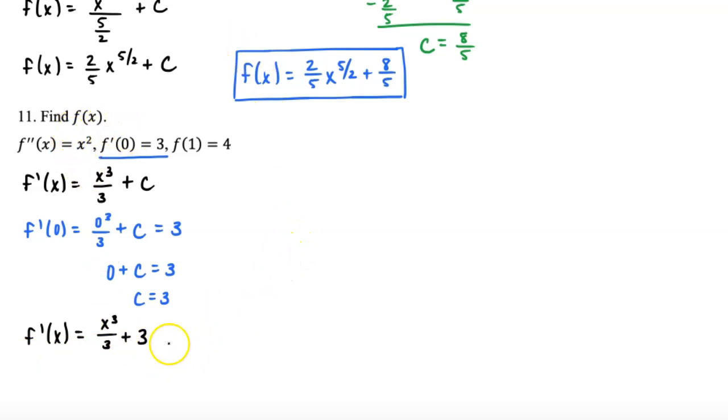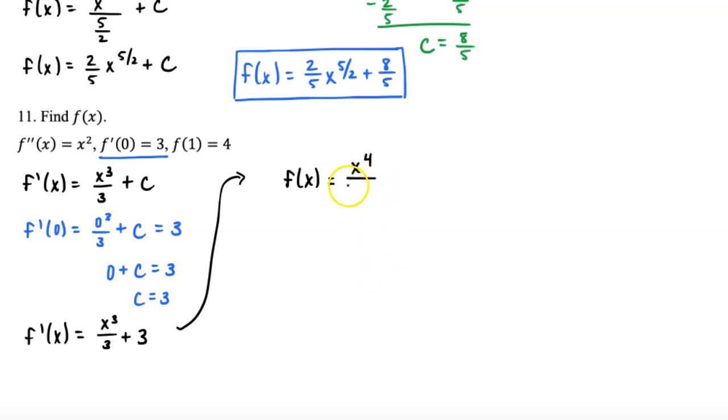So now I've got my first derivative of this function, but remember my goal is to find the original function. So now I'm going to go back up here and run it again. I'm going to go from the first derivative to the original function by finding the antiderivative. Using that same power rule, this is going to give me f of x. Finding that antiderivative is equal to, and I'm going to add 1 to that power, that's going to make this an x to the 4th power, and I'm going to divide by that new power.